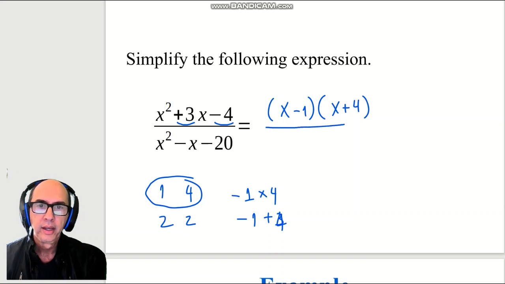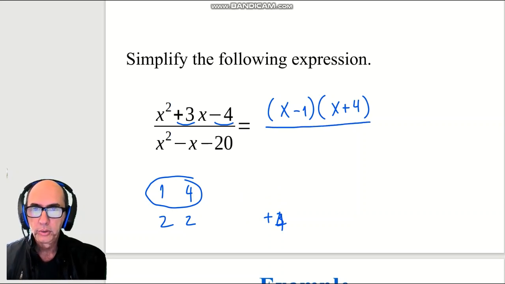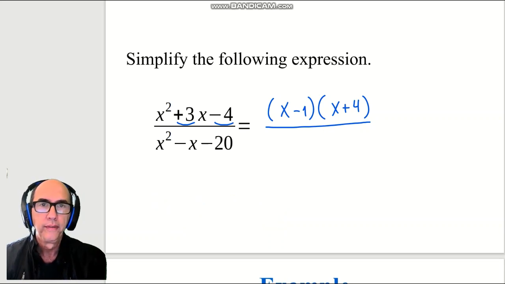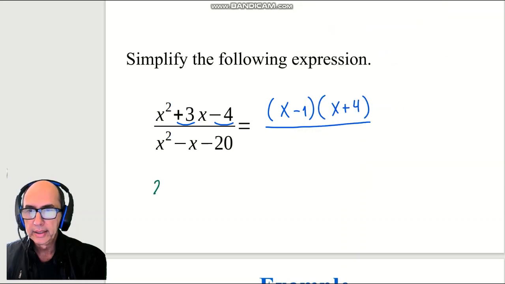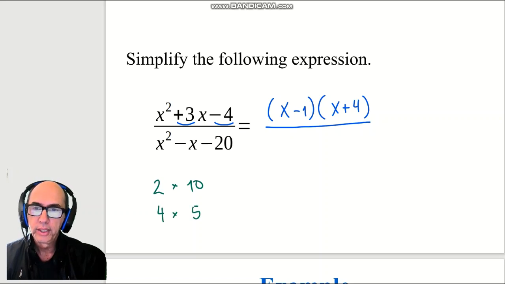Great. On the denominator, now think about two numbers that multiplied equal negative 20, and added equal negative 1. Making a list, 2 times 10 is 20, 4 times 5 is 20, what else?